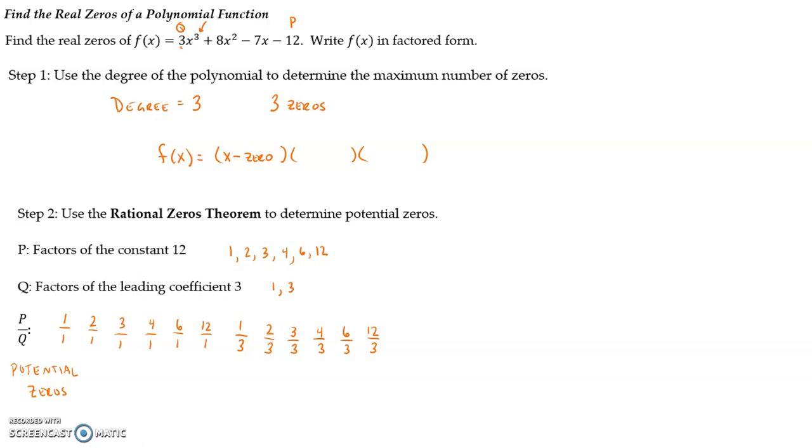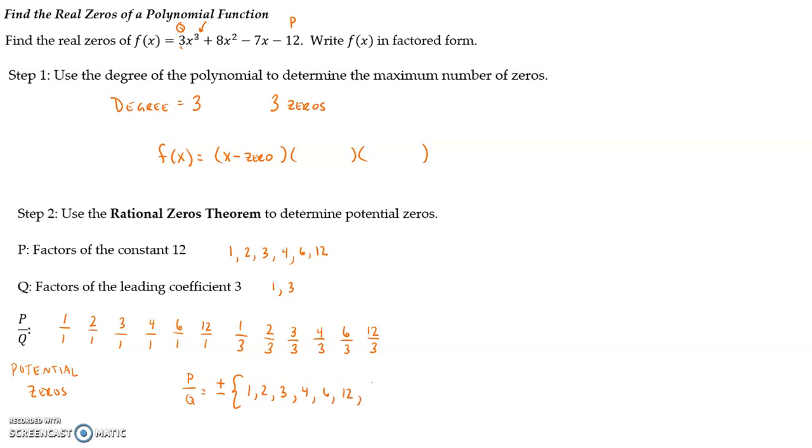So let's go ahead and consolidate this list a little bit. We've got p over q. And we don't just have the positive versions of these, we have both the positive and the negative versions of them. So I'm going to list them as one big set here. Each of these first values just gives me those numbers right back once I divide each one of those by 1. I've got 1, 2, 3, 4, 6, and 12.